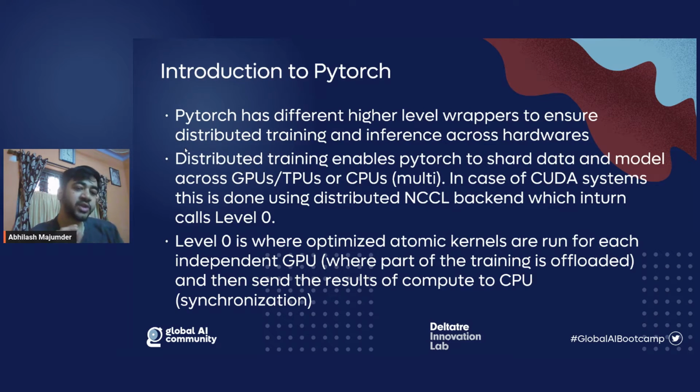Whatever optimizations you can do at a hardware level, or at a level 0 software level, is to optimize that small part of memory or the instruction set so that it reduces bandwidth, increases your throughput, and increases your runtime performance or your accuracy. By accuracy I mean the correctness of your data. So these are very atomic kernels which are independent for each GPU.